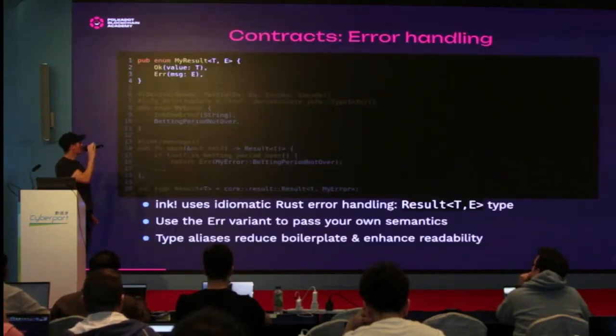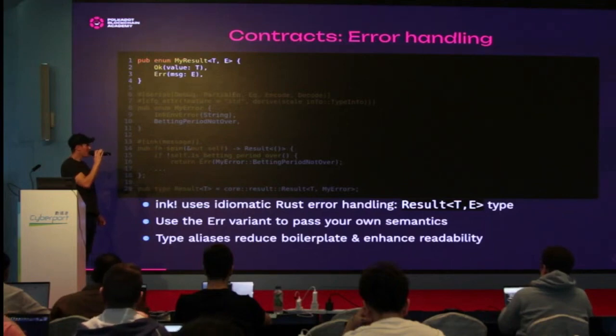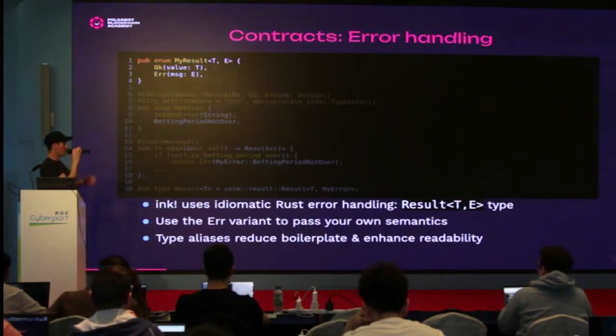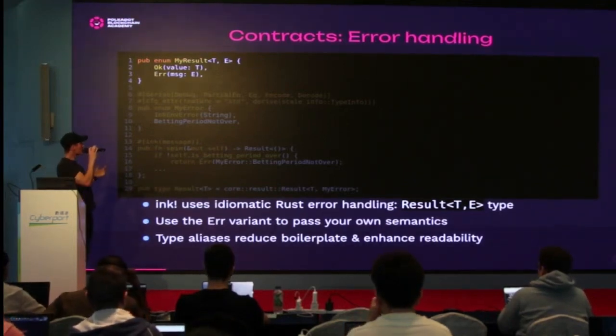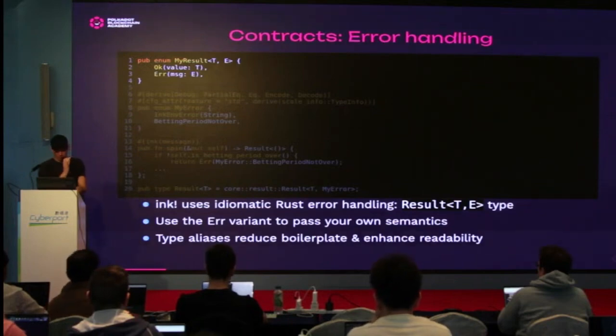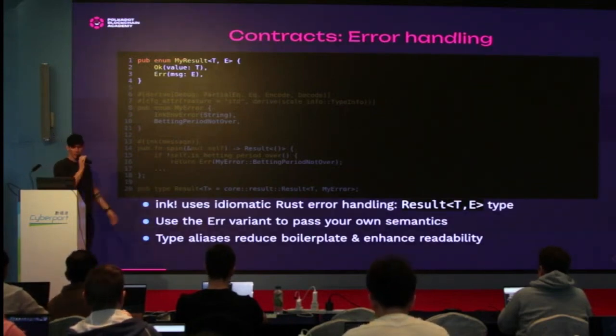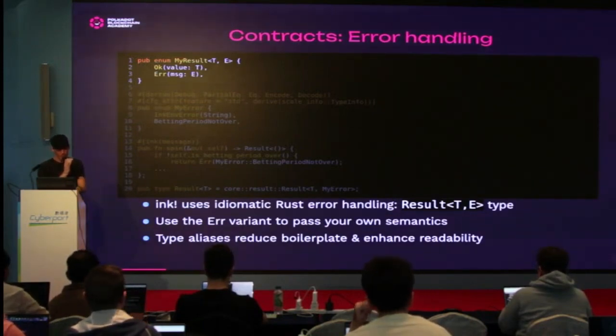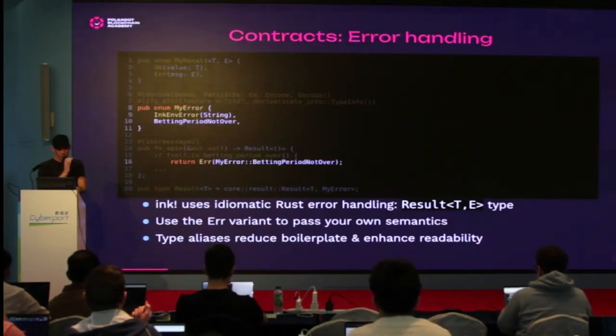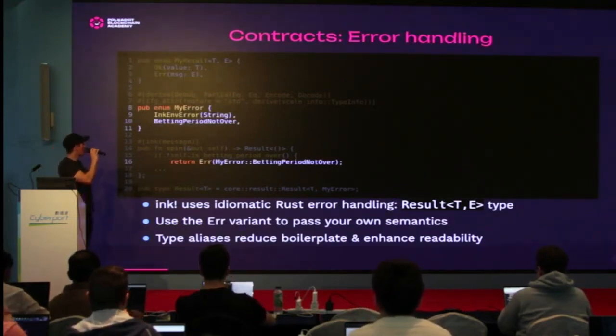Error handling. So here's where we start getting dividends on the fact that we use Rust. For error handling, Ink uses idiomatic Rust results, and this allows you to return an error variant.